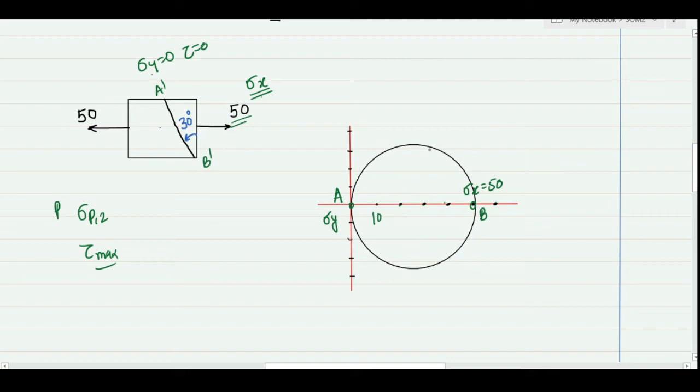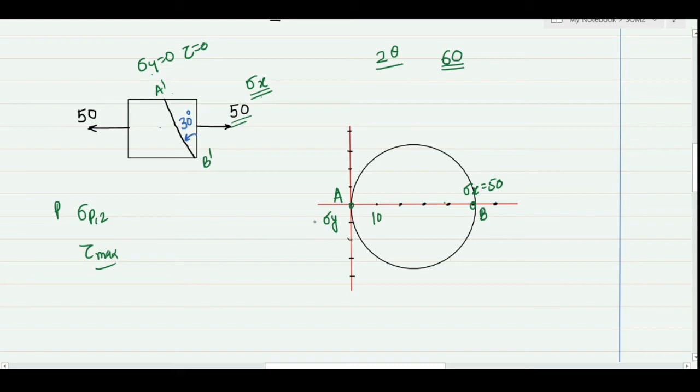Once you construct the Mohr circle, your next job is to find the normal stress for an oblique plane at an angle of 30 degrees in the original system. So we know that in the Mohr circle we have to consider 2 theta, that means we have to indicate a plane at an angle of 60 degrees from your reference line.